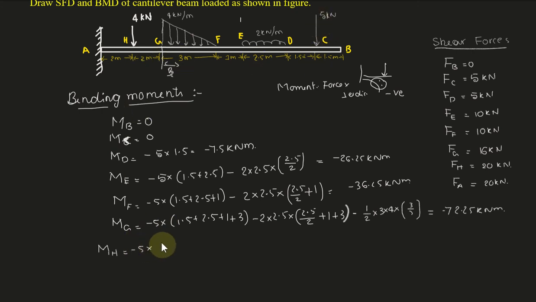Please bear with me: 1.5 plus 2.5 plus 1 plus 3 plus 2, minus 2 into 2.5 into 2.5 by 2 plus 1 plus 3 plus the added distance up to H, that is 2, minus half into base into height, the area of this triangle, which is the UVL converted into point load, multiplied by the centroidal distance up to G, that is 3 by 3, but we are calculating up to point H, so plus the distance up to H, that is 2 meter.